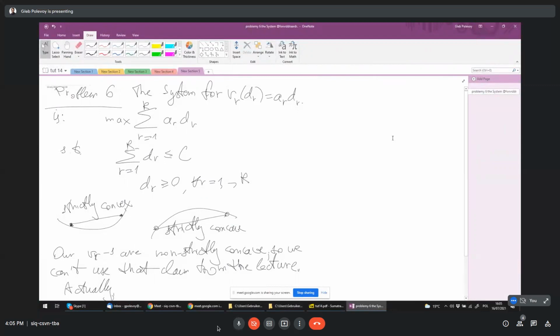What if all those functions are the same? Will it then matter for the objective value how we divide this capacity? No. That's a good example.